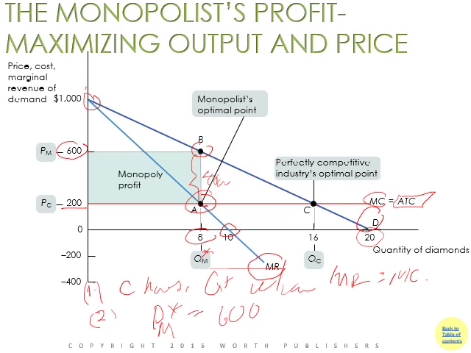So your profit is going to be the profit per unit times the number of units that you sell. So in this case, it would be 400 profit on each unit times the 8 units of output that you sell. So what that would be, $3,200.